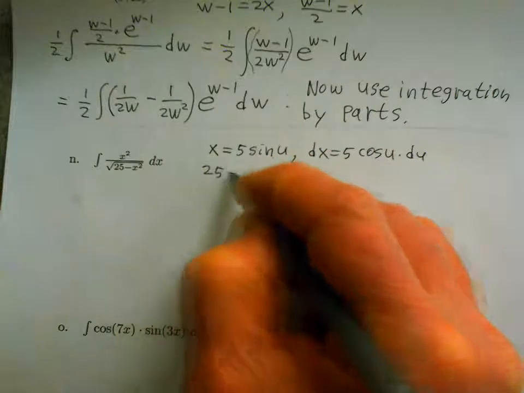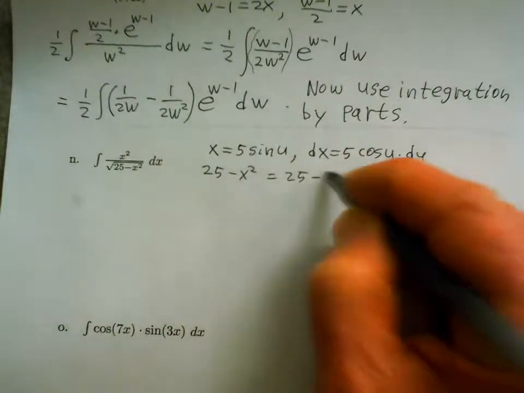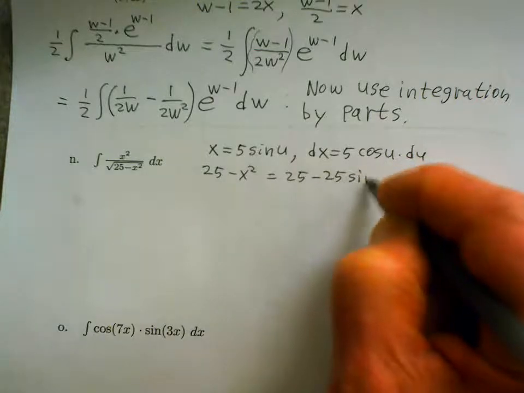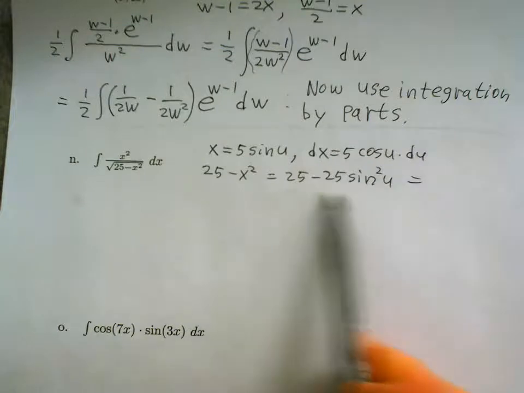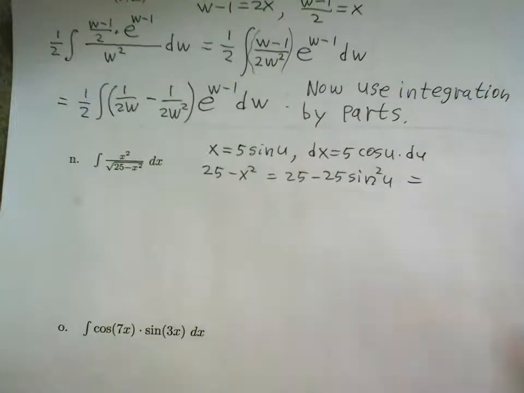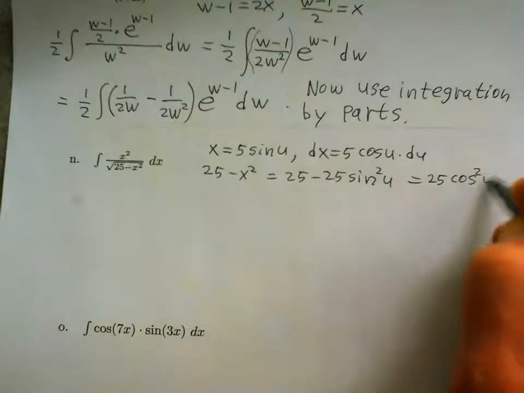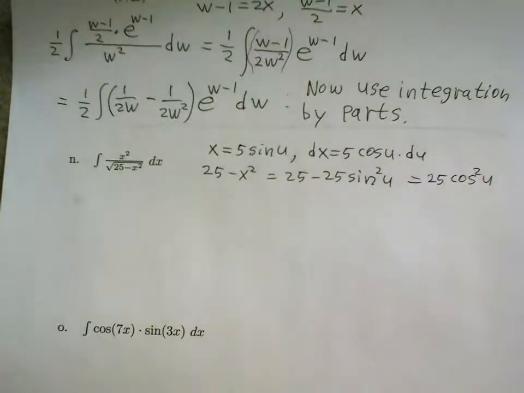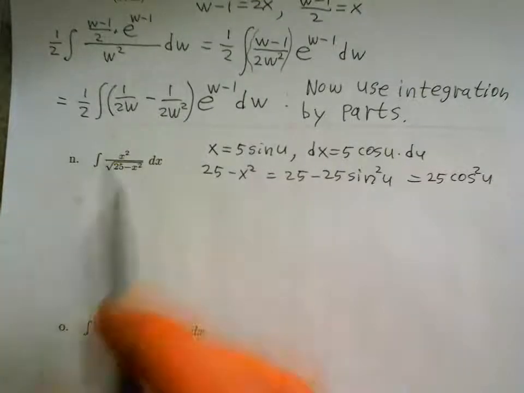And 25 minus x squared is 25 minus 25 sine of u squared. But using a Pythagorean identity, this becomes 25 times cosine of u squared. So let's make substitutions.